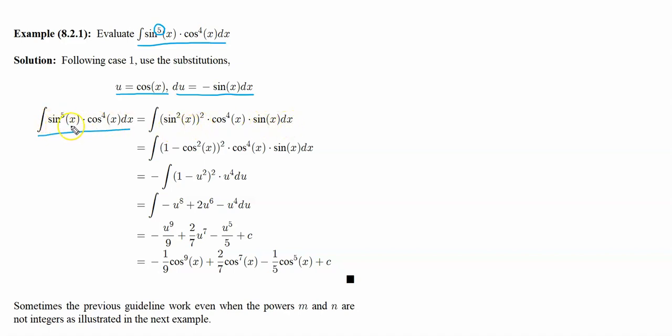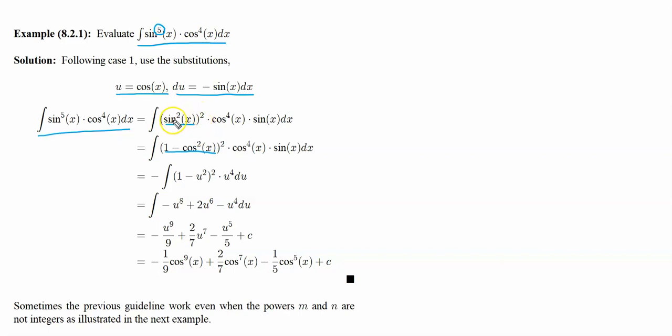This then becomes sine to the 4th power, and we write sine to the 4th as sine squared squared. Now this term right here, the sine squared, we replace that with 1 minus cosine squared. You see, that's why we write it like this.